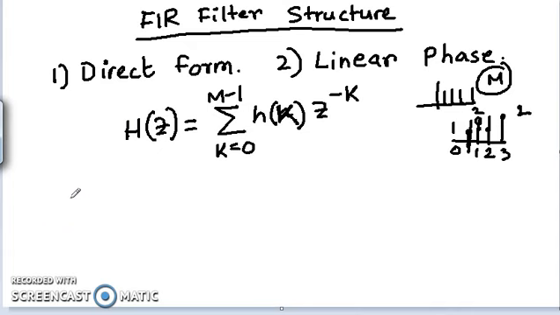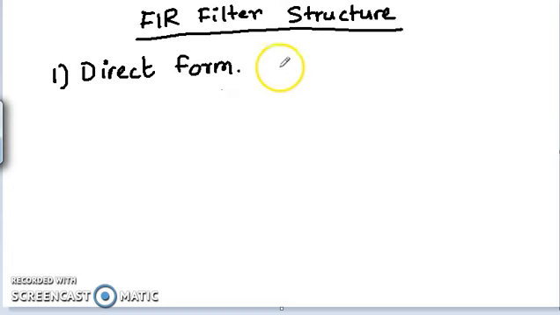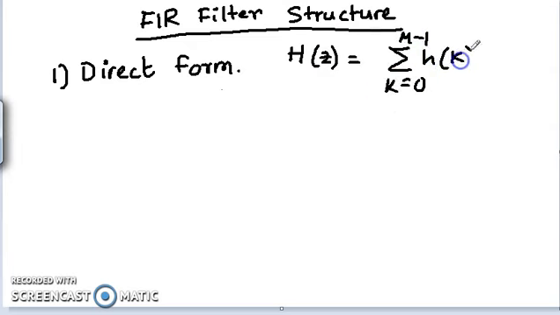First, clear the space because I have a very small screen. If I want to draw it directly, the transfer function we have written is H(z) equals sum for k equal to 0 to M minus 1 of h(k) z to the power minus k. So, this was our transfer function.